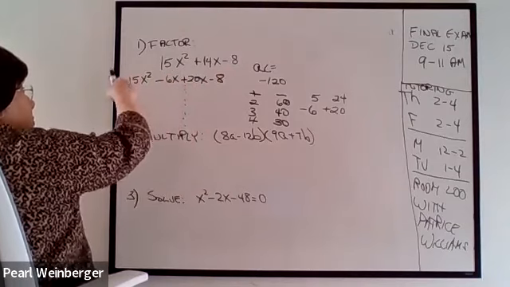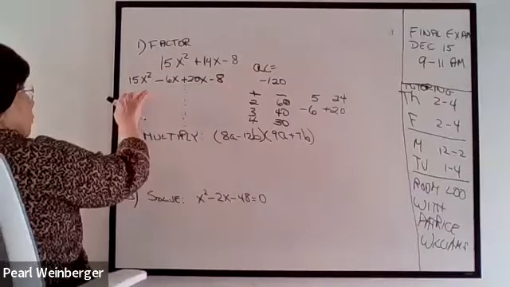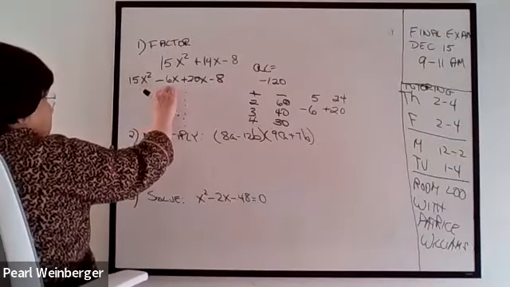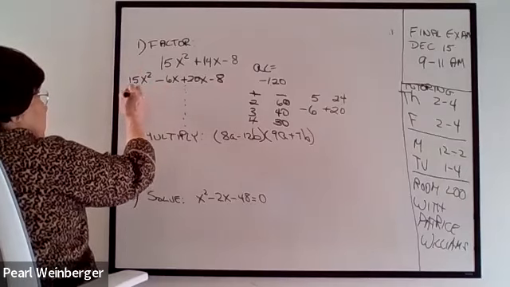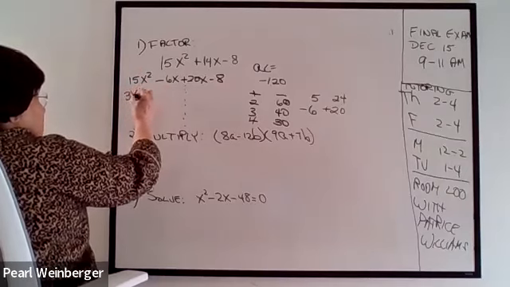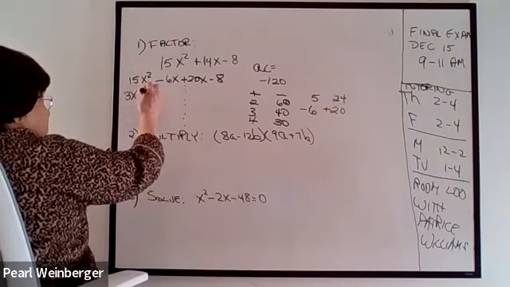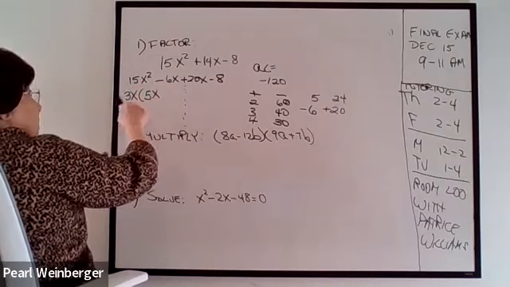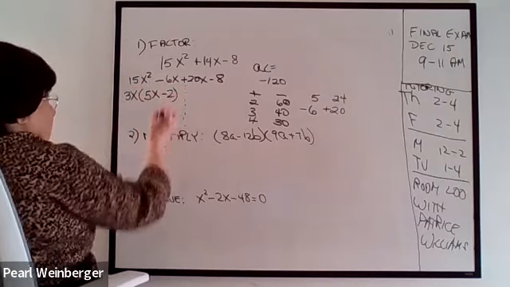Okay, then we're going to do grouping. In the first group of 15x squared minus 6x, there's a common factor of 3x. If I divide 3x into 15x squared, I'll get 5x. If I divide the 3x into the -6x, I get -2.